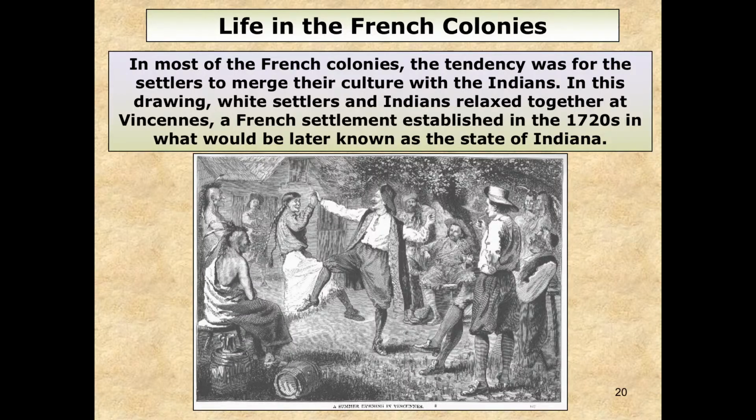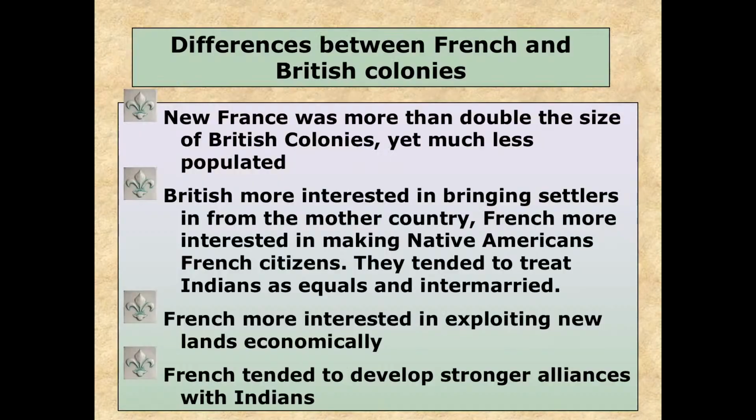You have this mutual respect, and they're good trade partners with the French. And that right there is the major difference between French colonies and British colonies, the relations with the native populations.